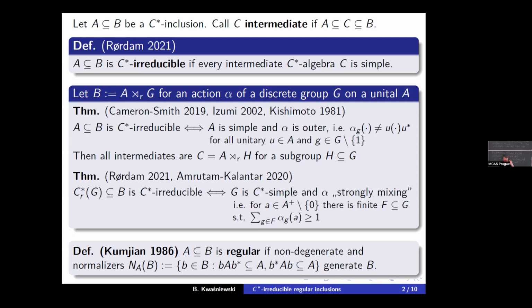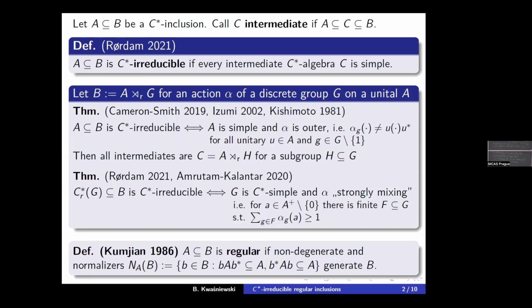And so another notion is regularity. Kumjian introduced this notion of regularity to generalize this from one-dimensional algebras to the C*-algebra context. So in general, what it means is that the set of normalizers, these are those elements such that whenever you conjugate your subalgebra by them, you end up in A, no matter in which direction you do that.